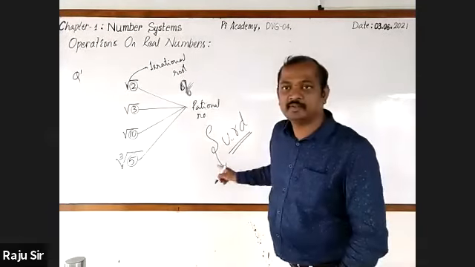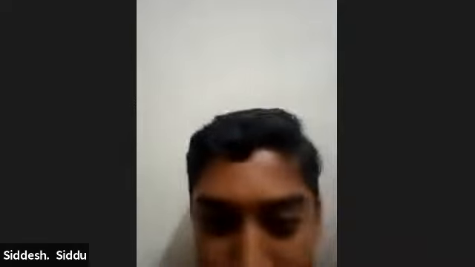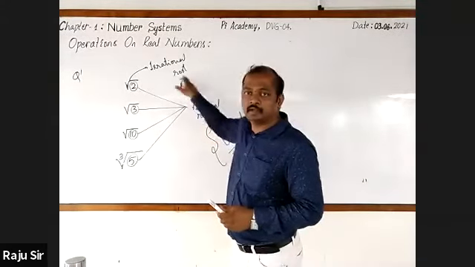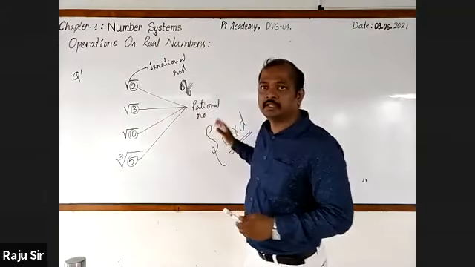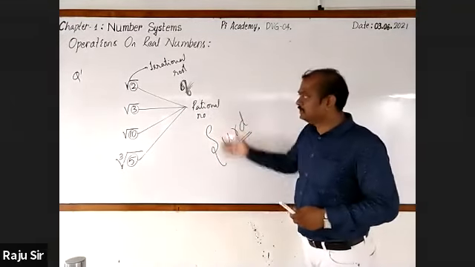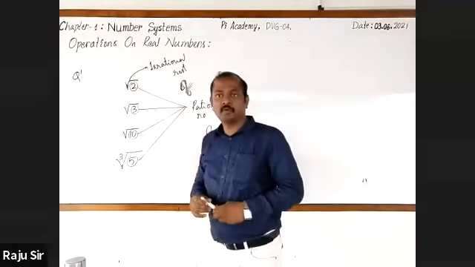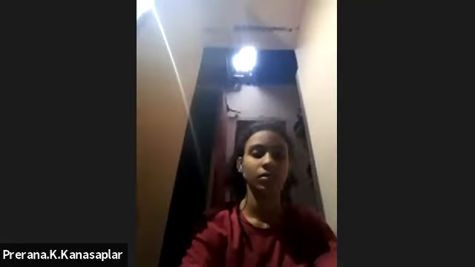Sir, surd means an irrational root of a rational number. An irrational root of a rational number is called a surd. And this surd is nothing but an irrational number. Followed?